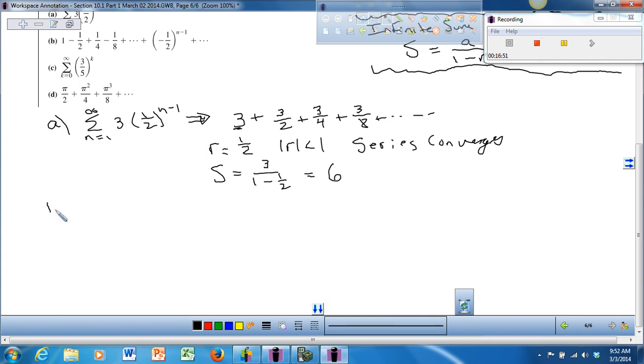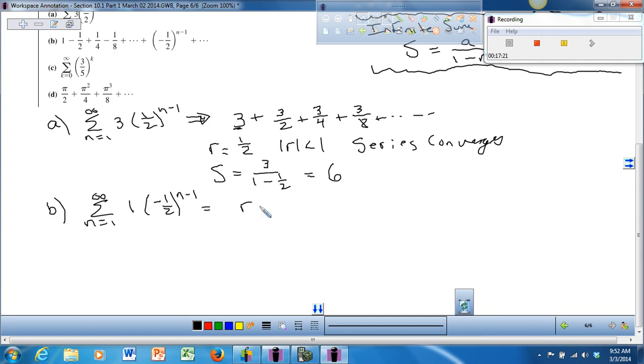All right, in part B, they give us the series written out term by term. So now let's write the sigma notation, because we need to be able to go back and forth with these. So how would you like to write this? The sum of, what's my first term? 1 times negative 1/2, correct? To the n minus 1 from n equals 1 to infinity.